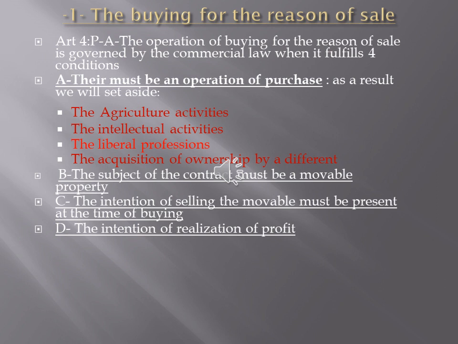Number 2, the object of the contract must be a movable property, whether tangible or non-tangible. The third condition is that there must exist an intention of selling at the time of buying. And the last condition is the intention of realizing profit from this operation.